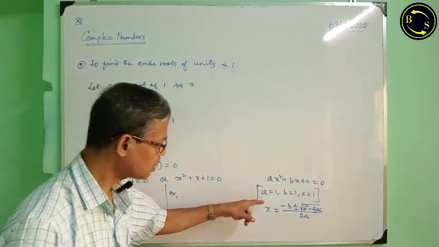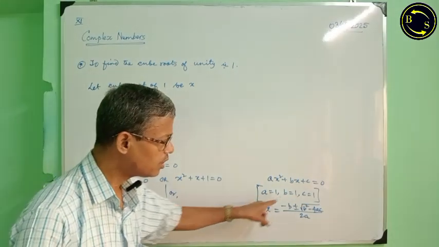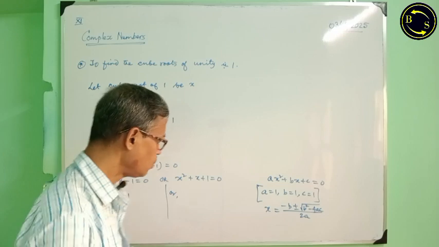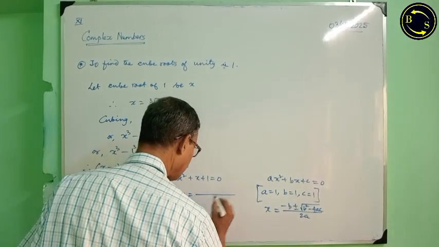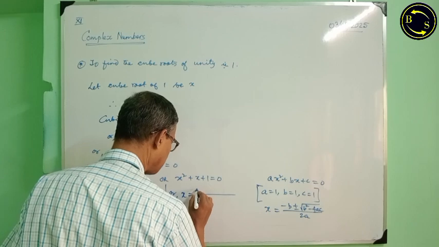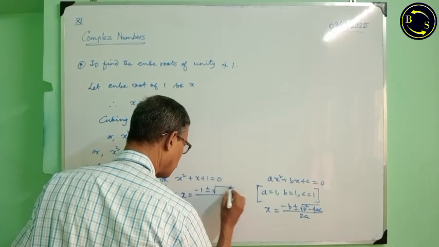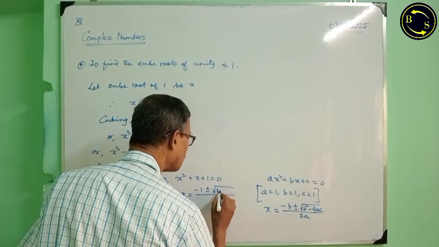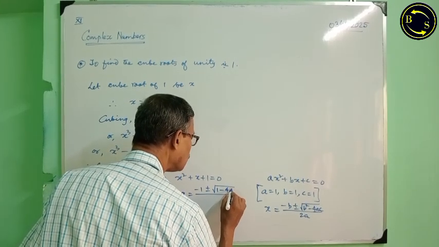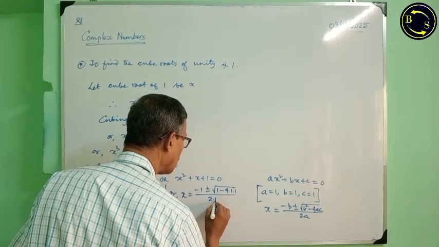In this case, a equal to 1, b equal to 1, c equal to 1. Now, keeping this formula in mind, we write down x is equal to minus b, that means minus 1 plus minus root over b is 1, that is why 1 minus 4 into 1 into 1, 4ac by 2 into 1.